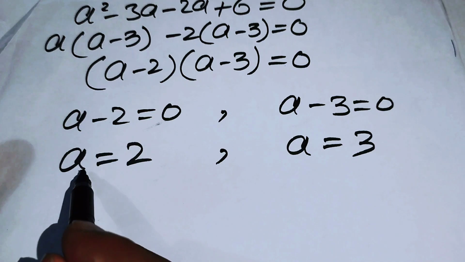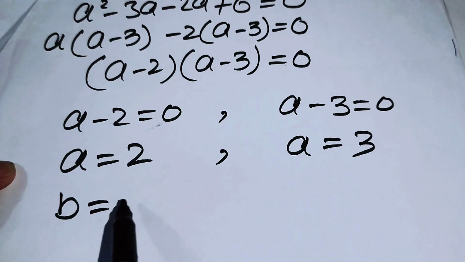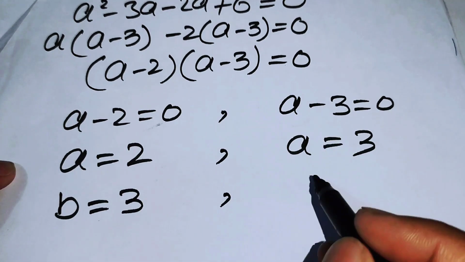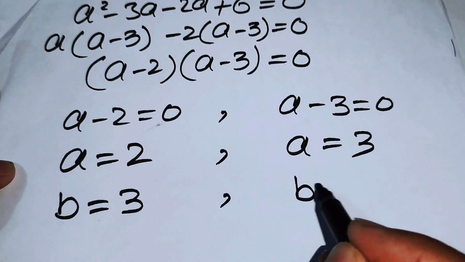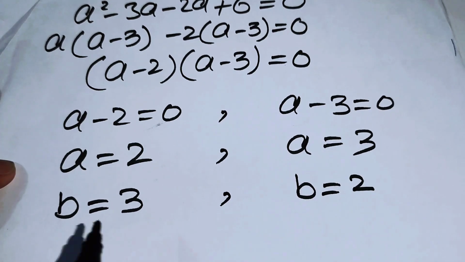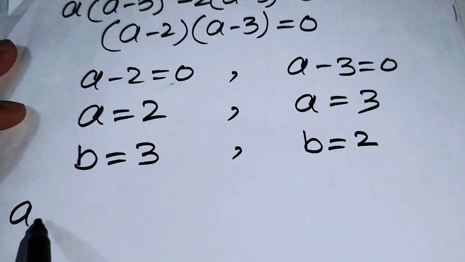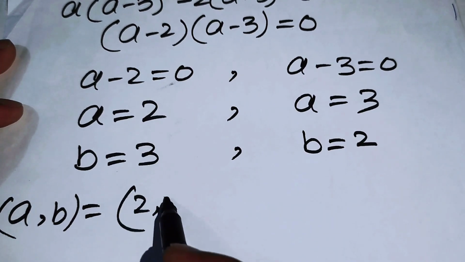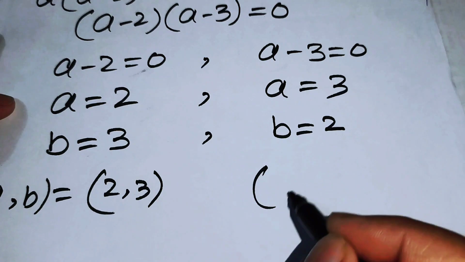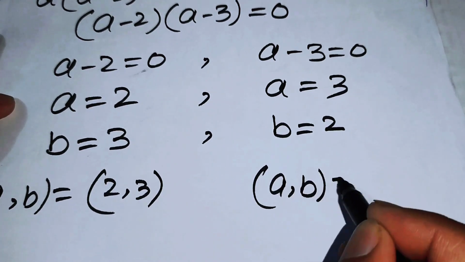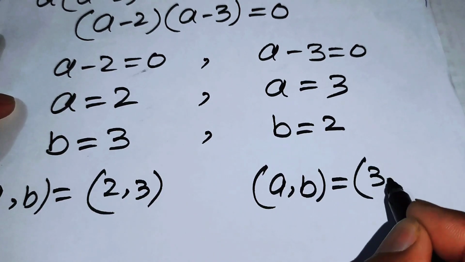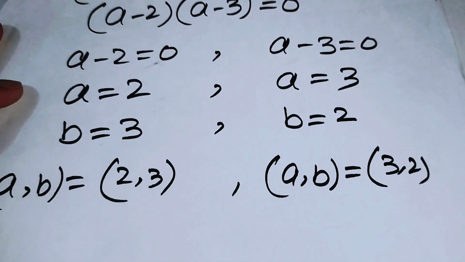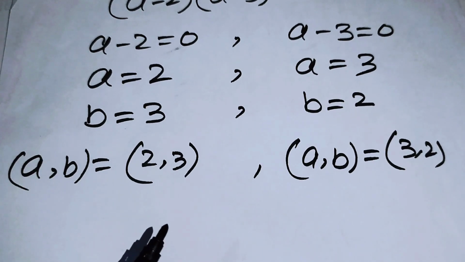When a is equal to 2 we get b is equal to 3, and when a is equal to 3 we get b is equal to 2. So here we have the pair ab is equal to 2, 3, and the pair ab is equal to 3, 2.